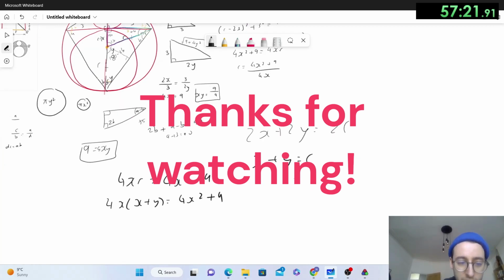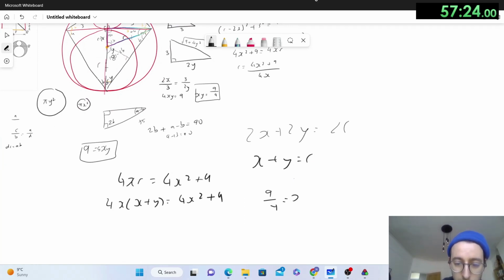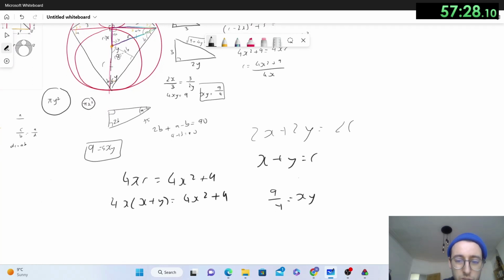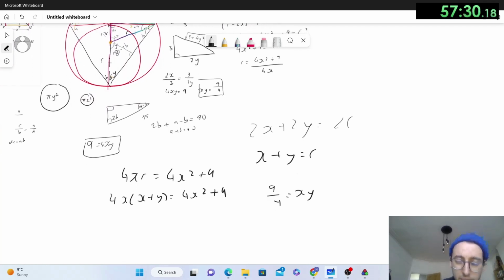We've got simultaneous equations because we've got 9 over 4 equals xy. I don't think this is actually going to help at all, but it's fine. So we've got 4x squared plus 4xy equals 4x squared plus 9. Wait, I just end up with 9 equals 4xy again.